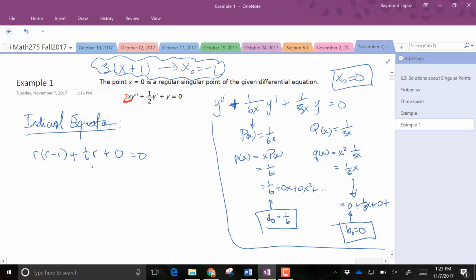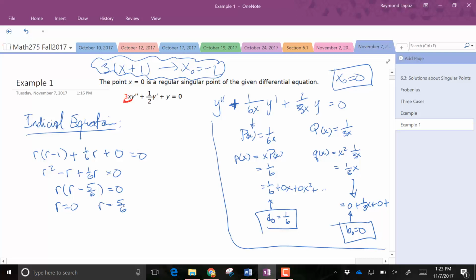We get R squared minus R plus 1/6 R equals 0. We can factor out an R, and then combine -1 plus 1/6 is -5/6. So R is equal to 0 and R is equal to 5/6.